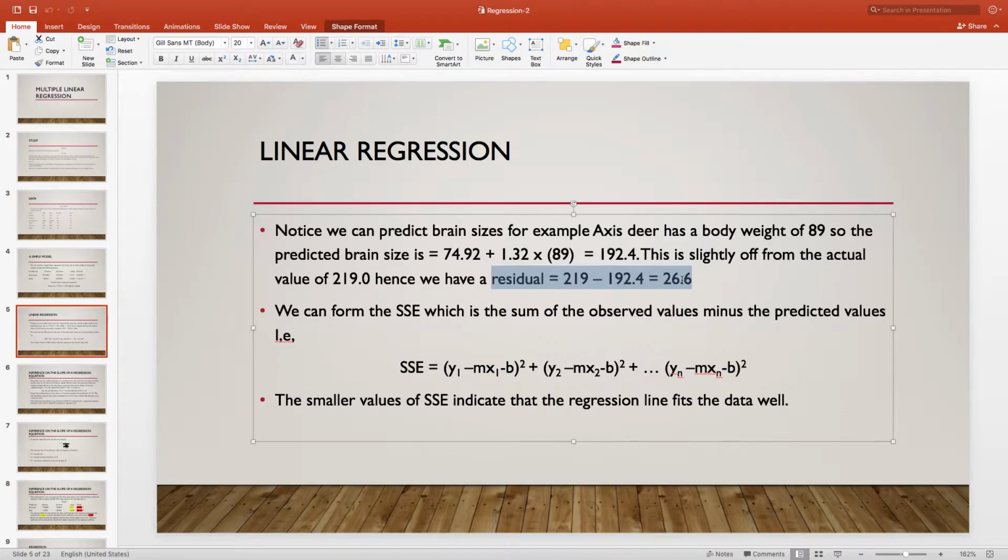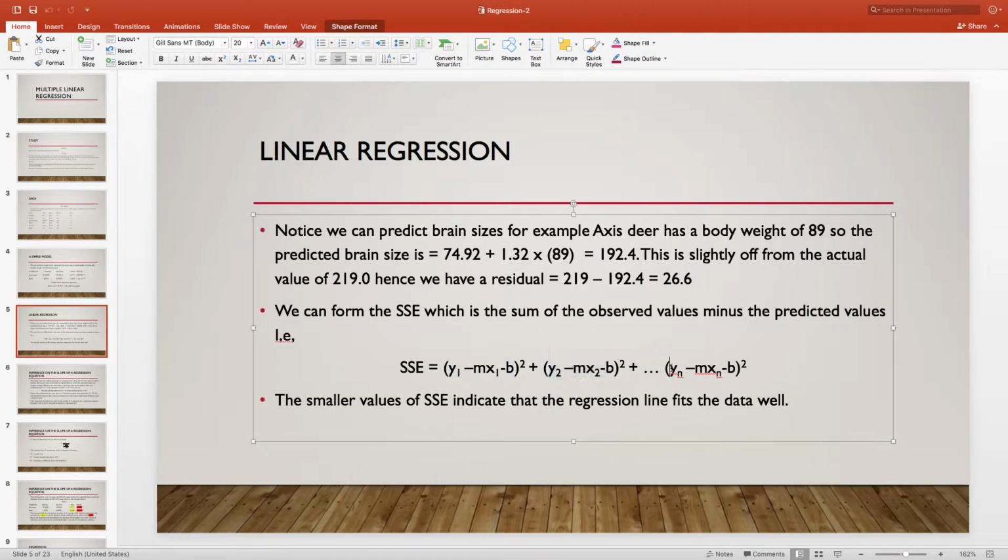If we were to do this for every single data point, form the residual for every single data point in the data set, we can form the sum of the squares of the error. This is going to be the residual squared. So SSE, sum of the squares of the error, is just the square of all the residuals.